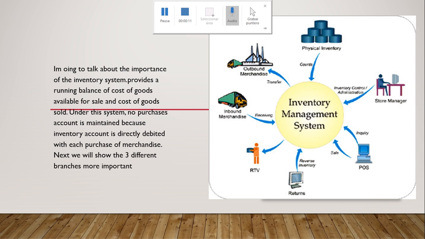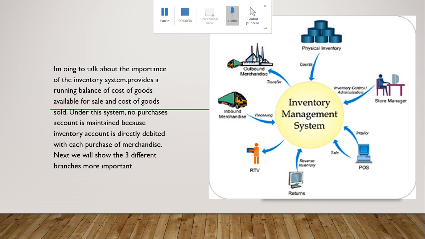The inventory system provides a running balance of goods available for sale and cost of goods sold. Under this system, no purchase account is maintained because the inventory account is directly debited with each purchase of merchandise. The expenses that are included to obtain merchandise inventory increase the cost of merchandise available for sale.